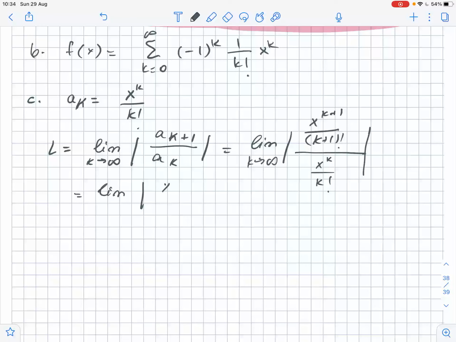Then this equals the limit of the absolute value of x over k plus 1, as k approaches infinity, and then this equals 0.